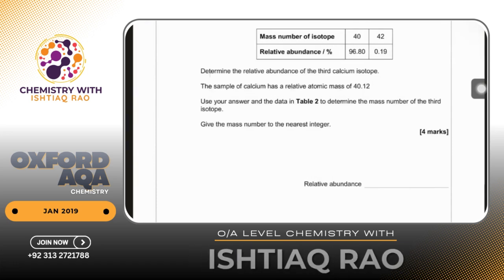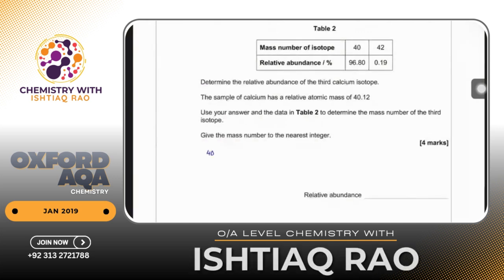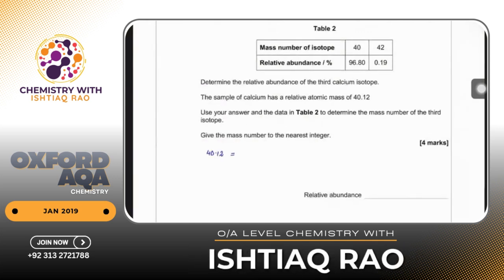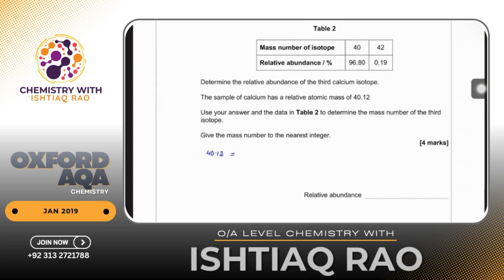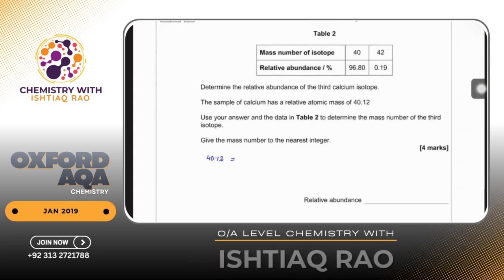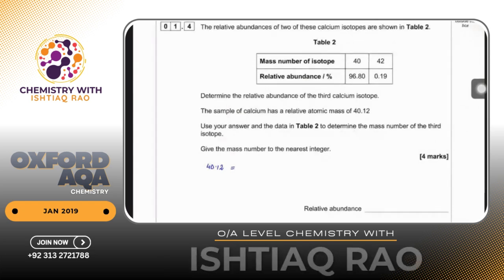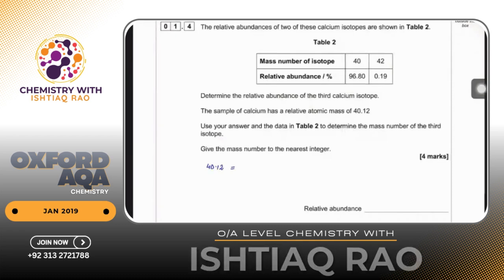Yes, they have given you the relative atomic mass of calcium, that is 40.12, equal to the relative abundance of the third isotope. Determine the relative abundance of the third calcium isotope. Use your answer and the data in the table to determine the mass number of the third.